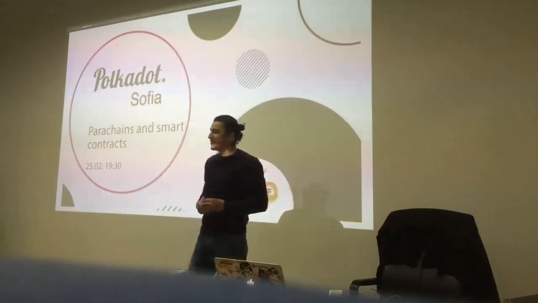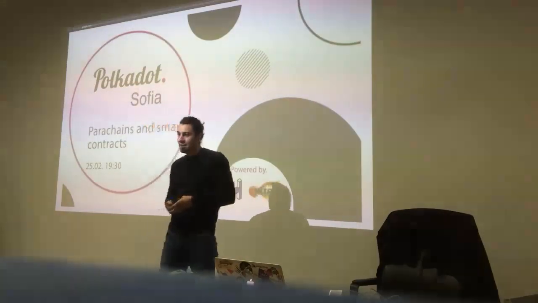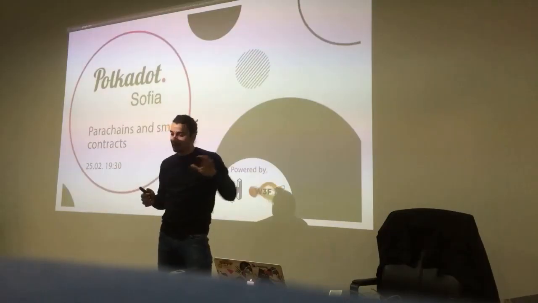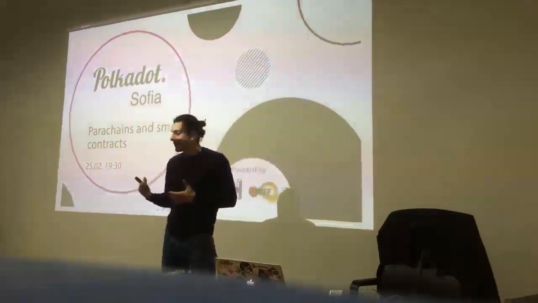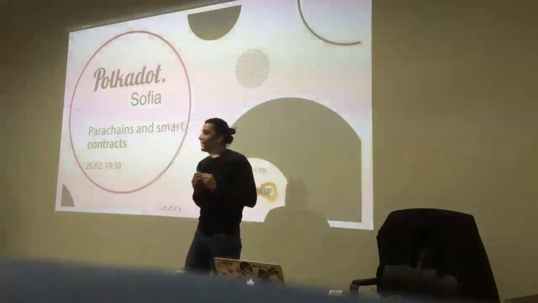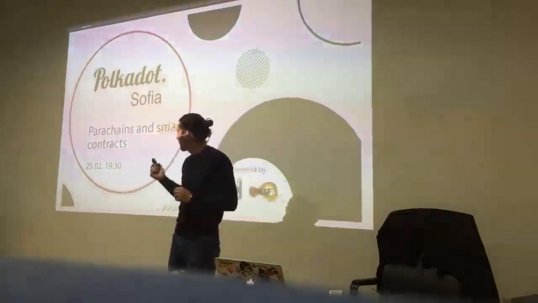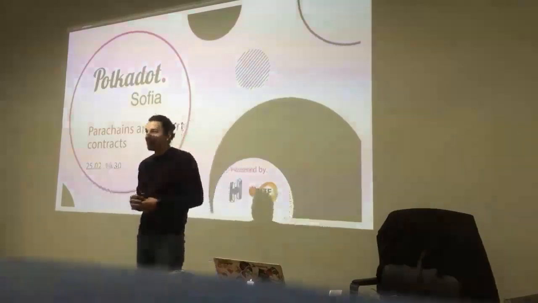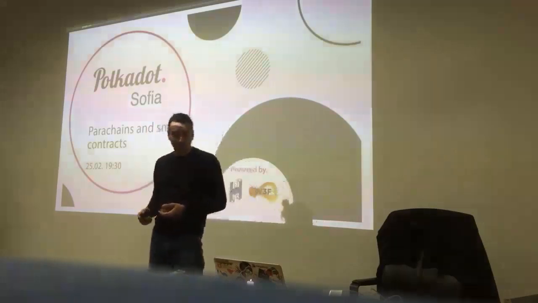Today we're going to talk about parachains, smart contracts, the whole ecosystem around Polkadot, how it relates to the other chains, how it can deliver this promise of interoperability between the chains, and what are the pros and cons of using parachains instead of smart contracts, and how our, let's say, decentralized application can live in the whole Polkadot ecosystem.